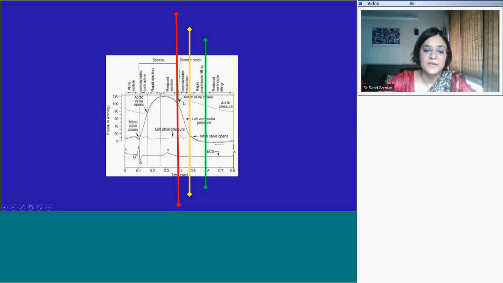So the volume remains the same. It's isovolumic relaxation time. The phase ends when the mitral valve opens, when the atrial and the left ventricular pressures come to be almost the same. This yellow and green bar is the rapid ventricular filling period. Most of the filling is done in this time.